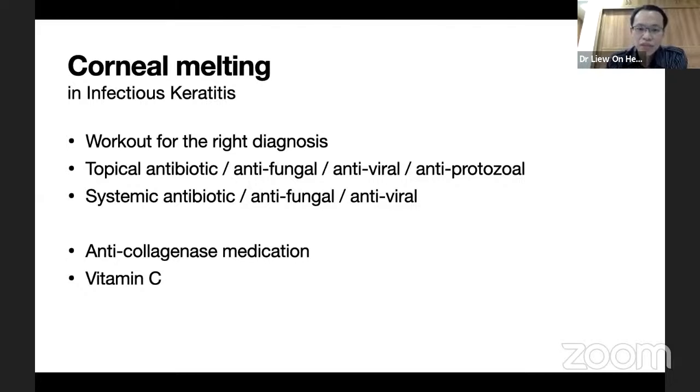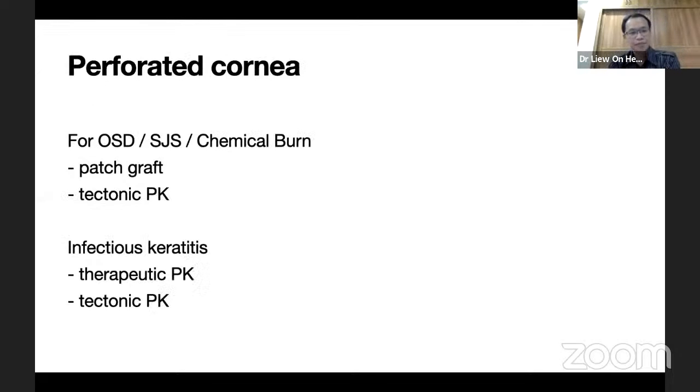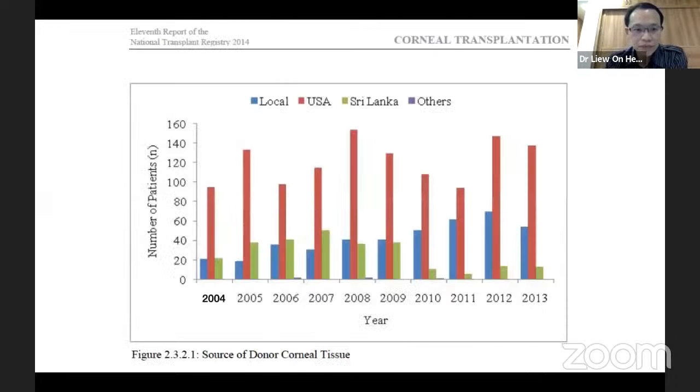Again, anticollagenase medication and vitamin C could prevent further corneal meltdown and improve corneal healing. Unfortunate cases could perforate, and then eventually we have to do a patch graft or tectonic penetrating keratoplasty.